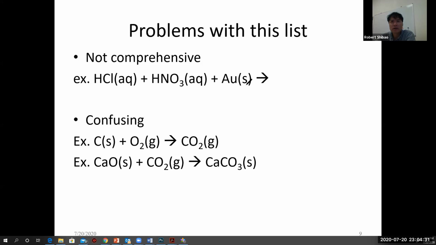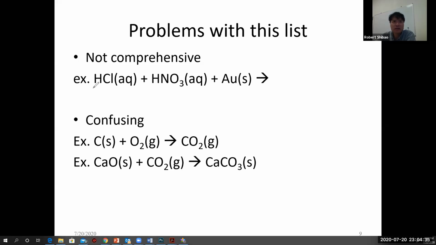Gold, I said, is a noble metal, so gold is very hard to react, but this will actually react with gold. This combination is called aqua regia. Aqua regia is royal water, and aqua regia can dissolve gold metal.